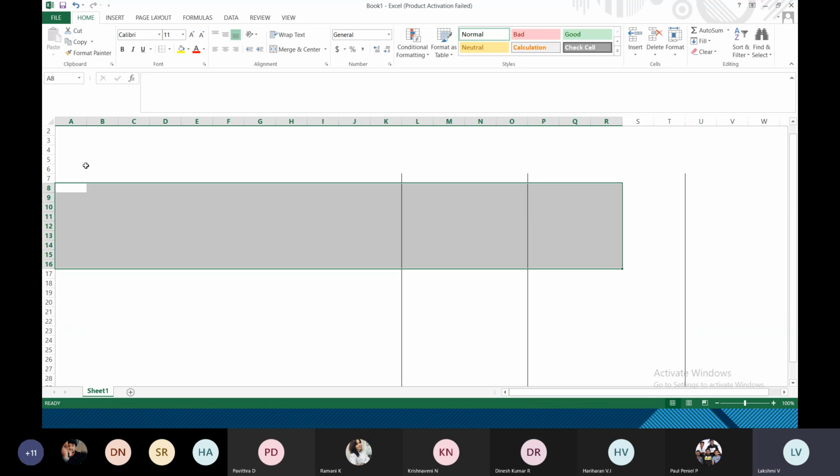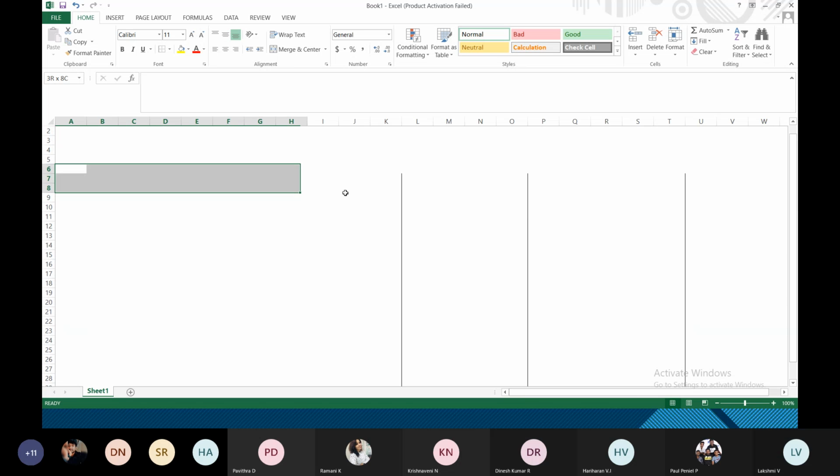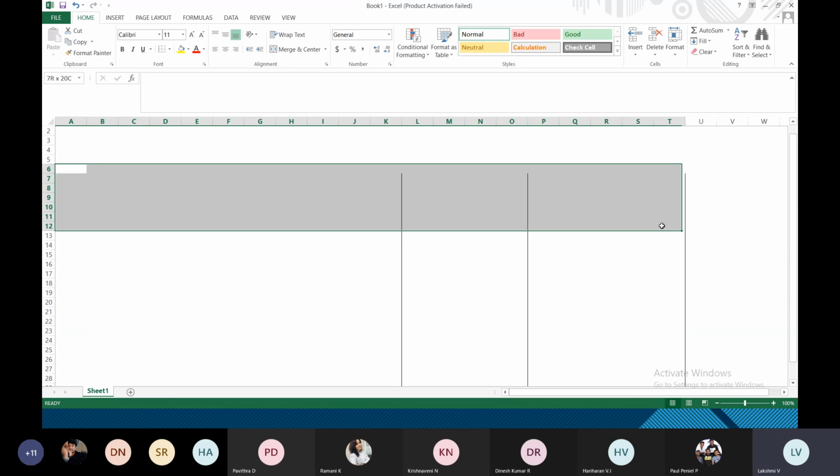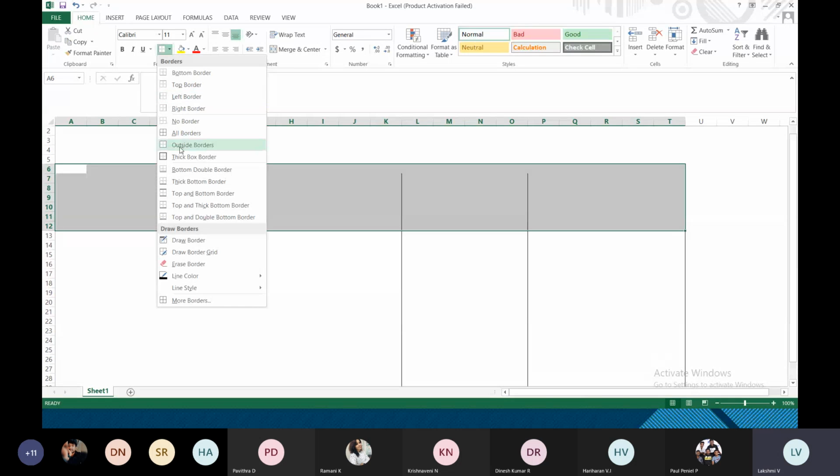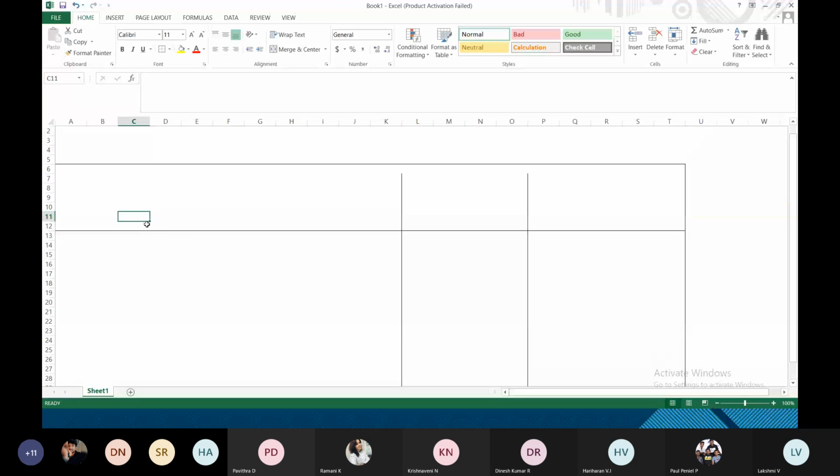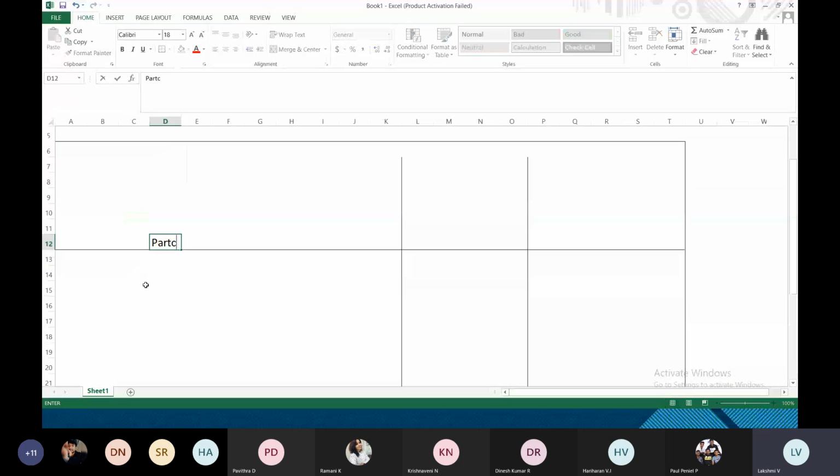So mention as particulars, amount column, cost per unit. So one column will be the particulars column. All the detail will be entered over here. Next column will be the amount column, or you can have even cost per unit according to your wish.